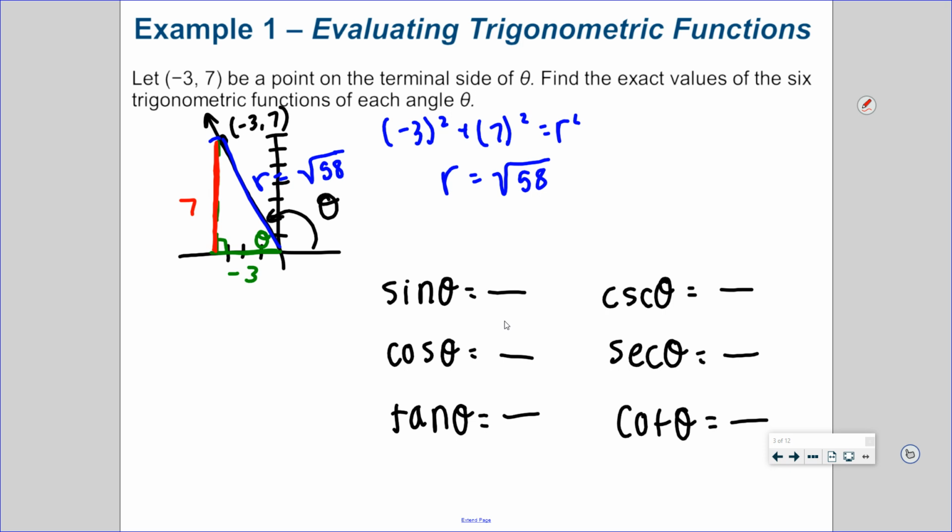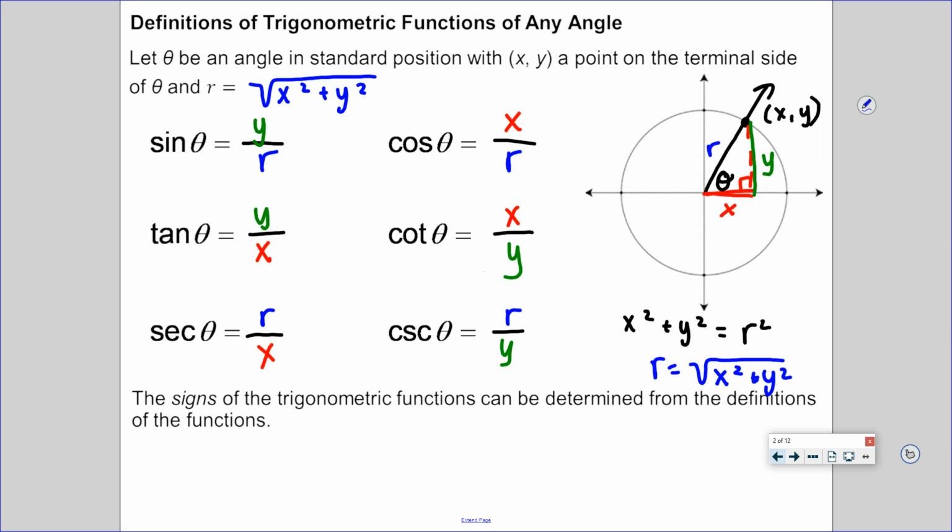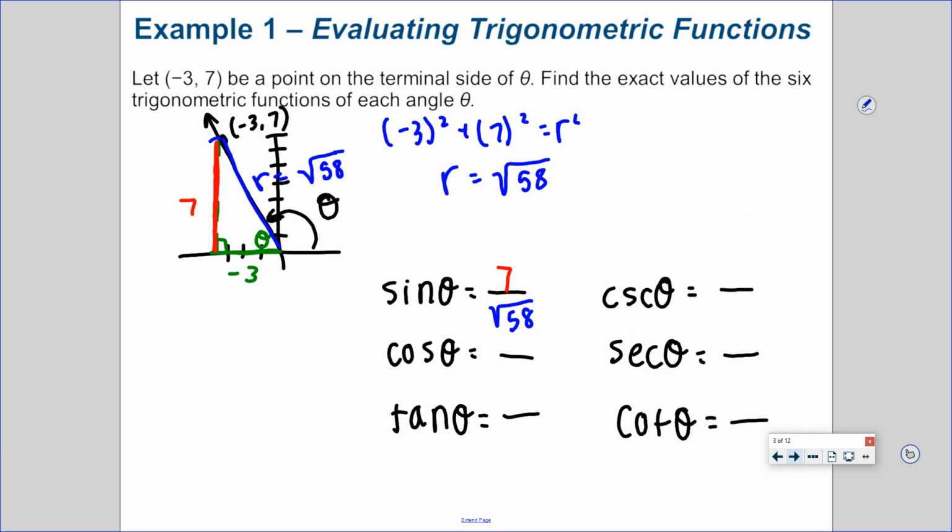You can use your knowledge of right triangle trig: opposite over hypotenuse. And that's essentially the same thing that they're telling you here, that no matter where you are in standard position, the sine of the angle is always going to be the y coordinate divided by whatever the r is. R is the radius of this circle.